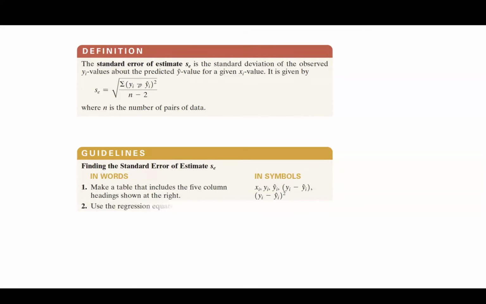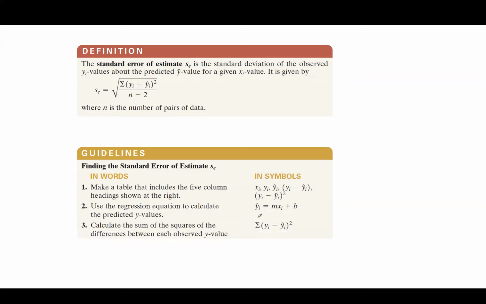After adding them all, you have the numerator of your quantity inside the square root. Use the regression equation to calculate the predicted y value. Calculate the sum of the squares divided by n minus 2 and take the square root of it. This basically gives you the standard error of estimate.